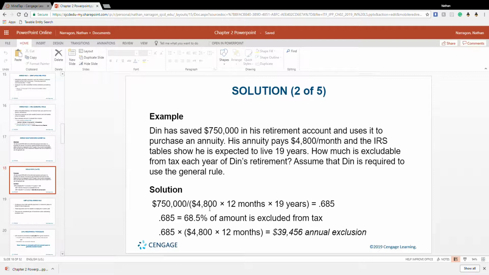Most likely nowadays, since 96 was over 20 years ago, we're getting probably more close to everybody just using simplified. But it's always good to know these rules just in case the odd thing happens and you get a client that has to use the general rule. So knowing both is always good, but mostly favored to the simplified method when it's annuities.